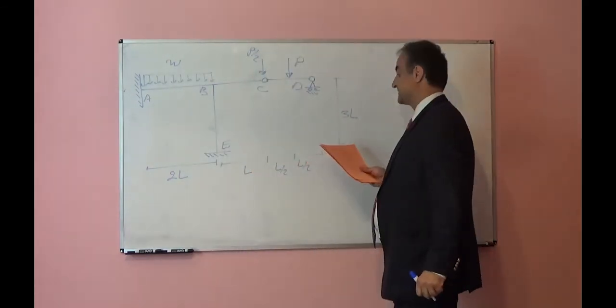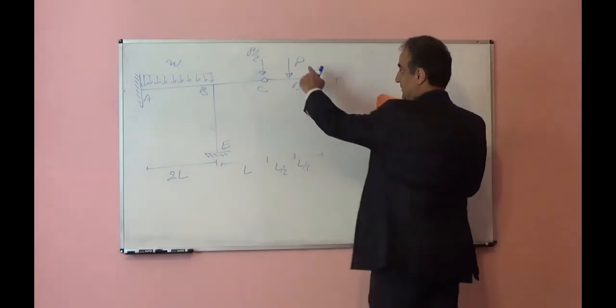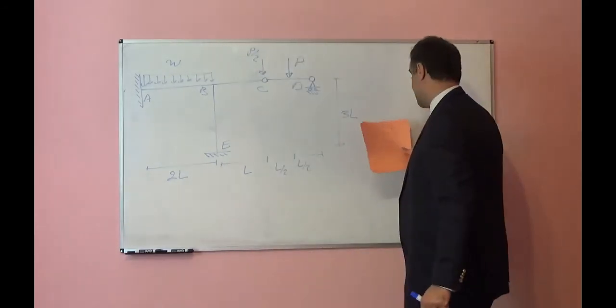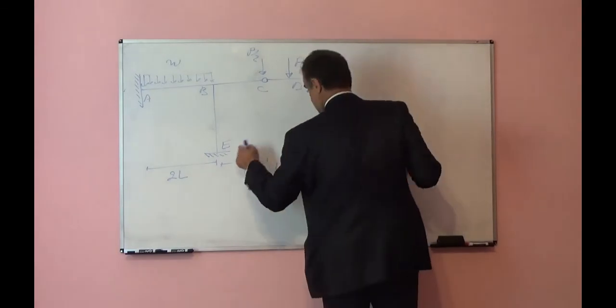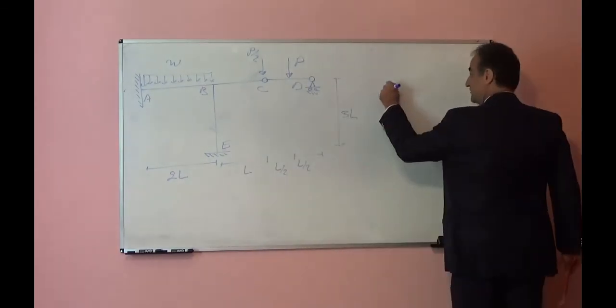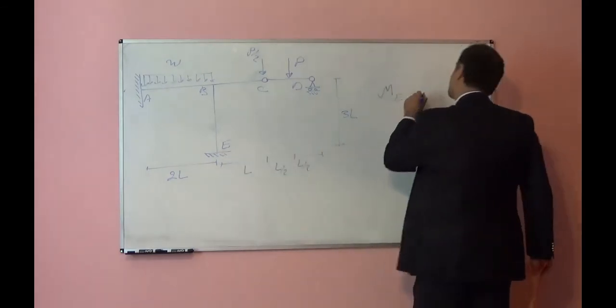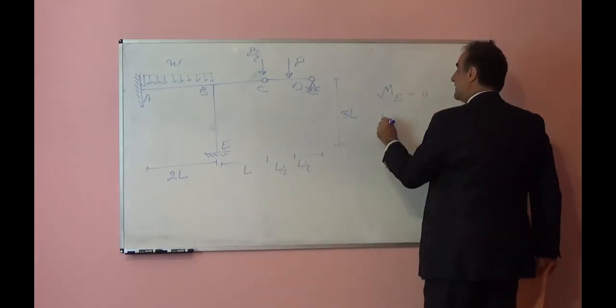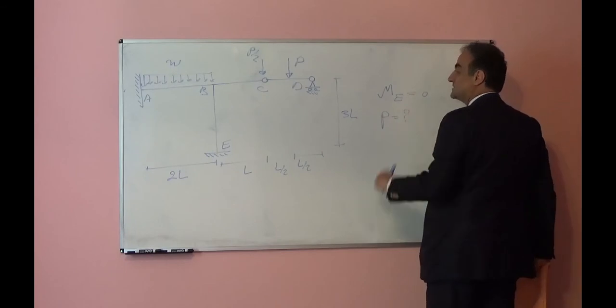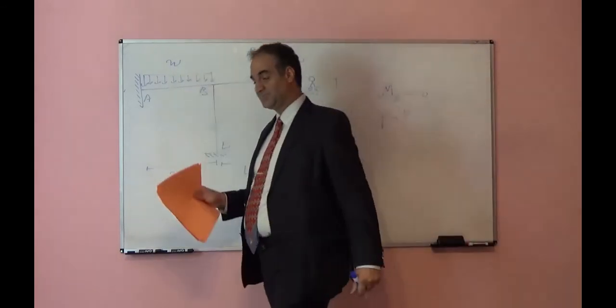Problem statement says find P, this P, so that ME is equal to 0. We want to make moment ME here equal to 0. How much is P in terms of L and W?